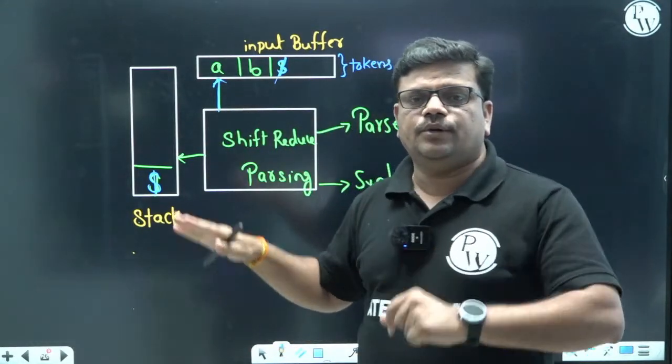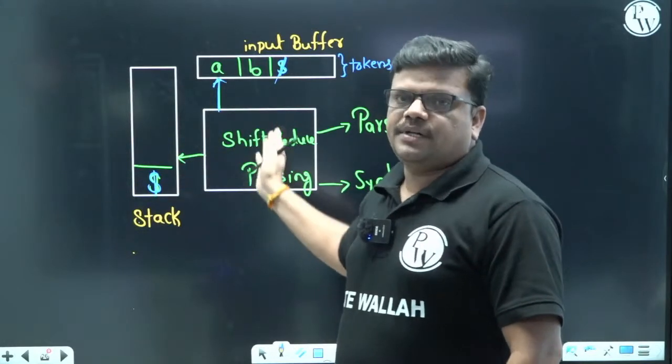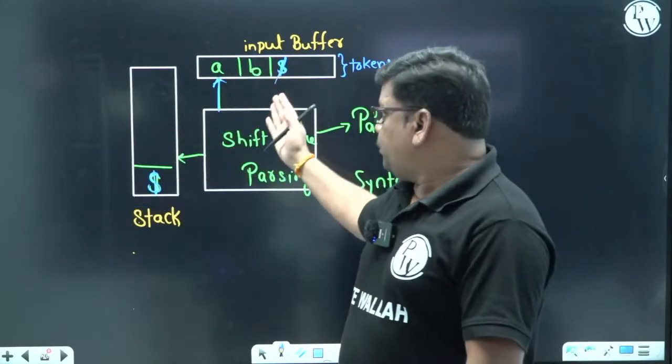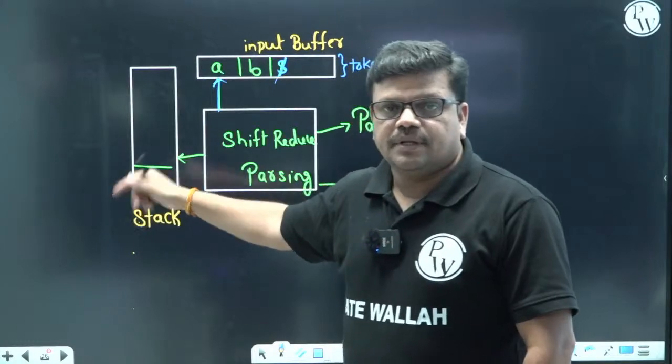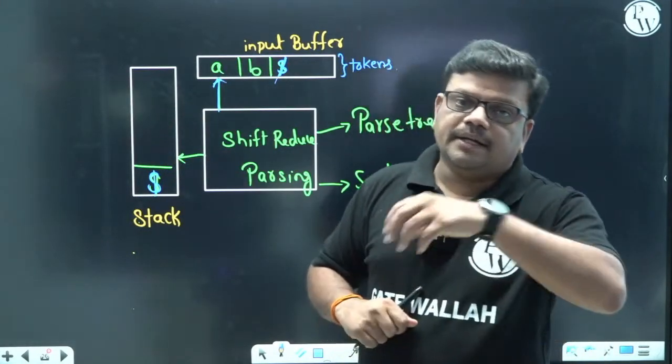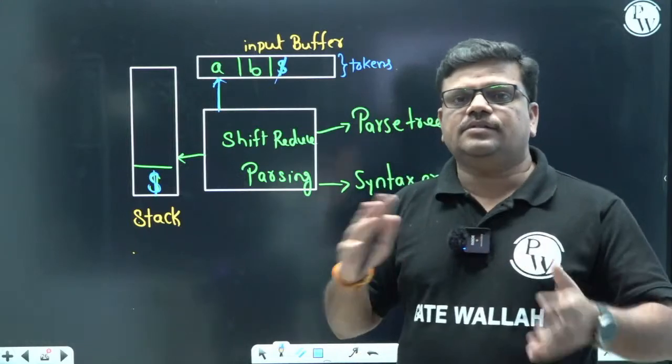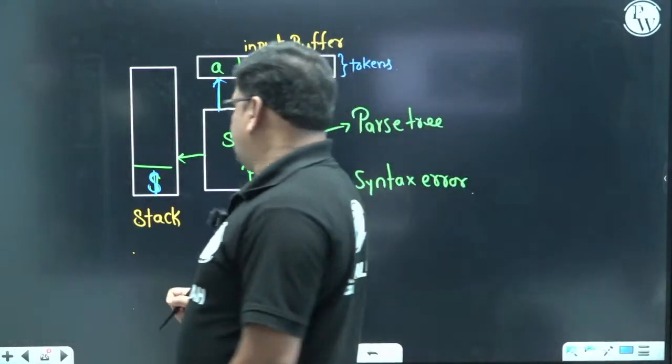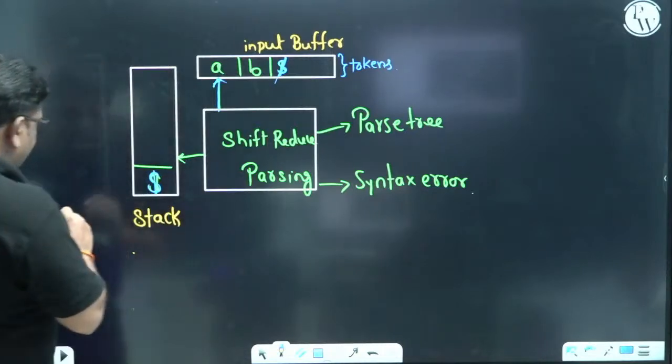What this algorithm does is perform push and pop operations. It will push some symbols into the stack and detect handles. Whenever a handle is detected, replace it by a non-terminal. This is the way it goes. So assume I have a grammar like this.